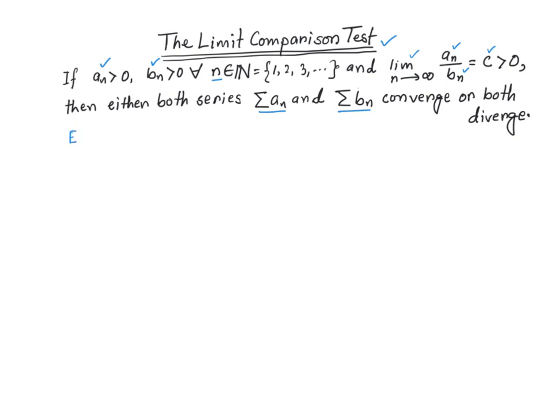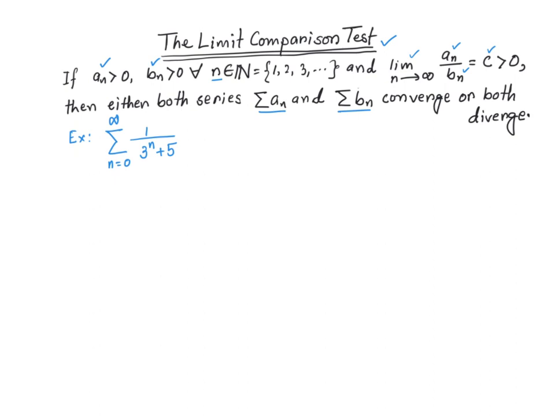So let's consider this example where I have the series summation n equals 0 to infinity of 1 over 3 to the power n plus 5. I just made it up.